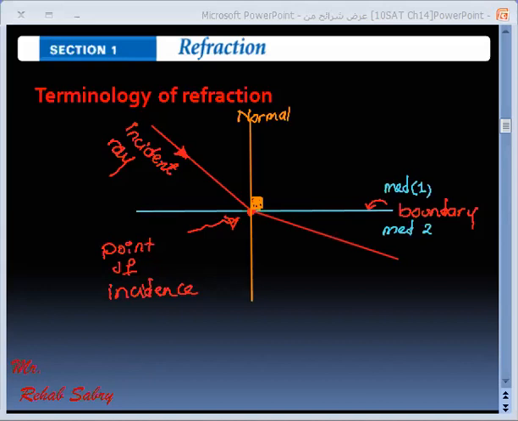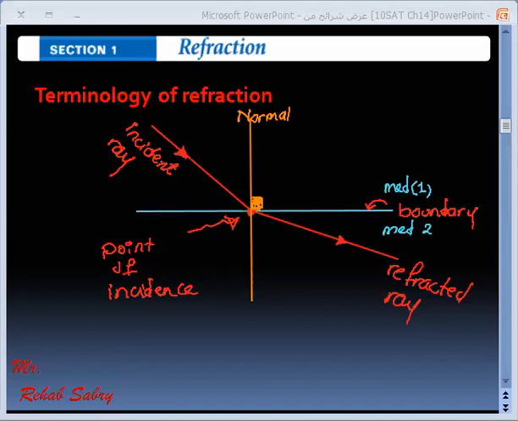Here, this is the refracted ray. This is called the refracted ray.